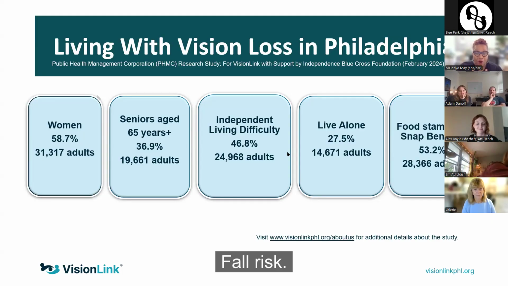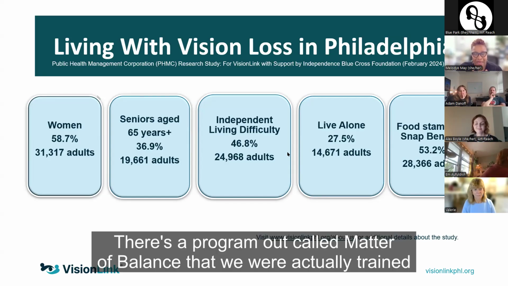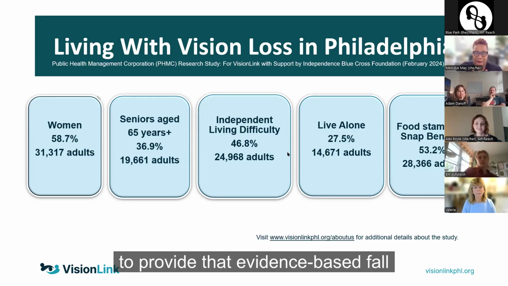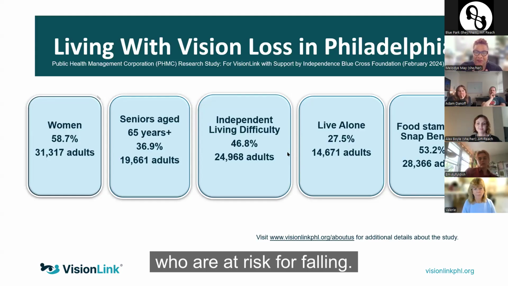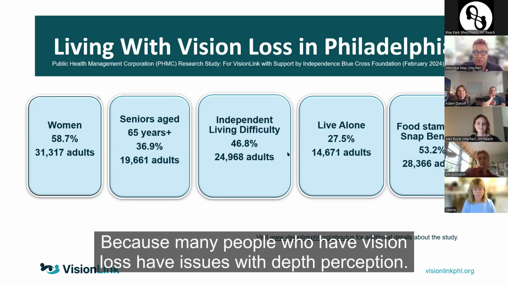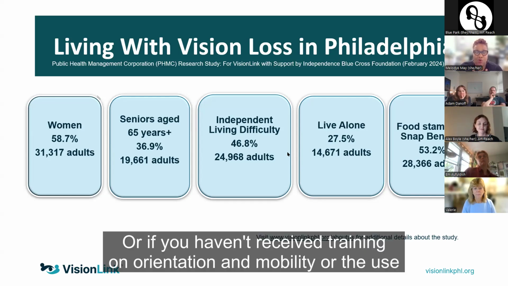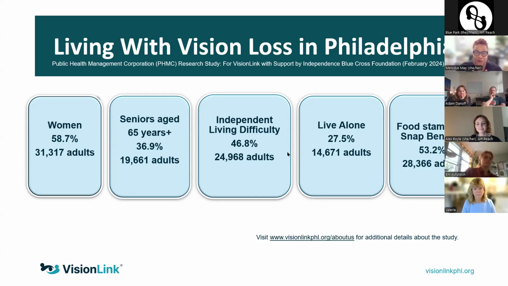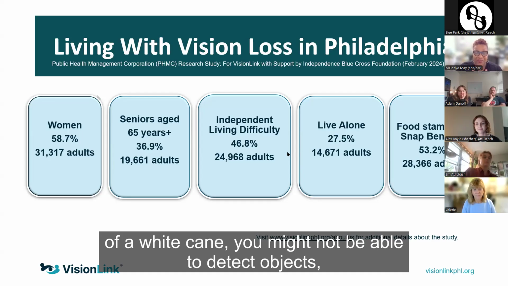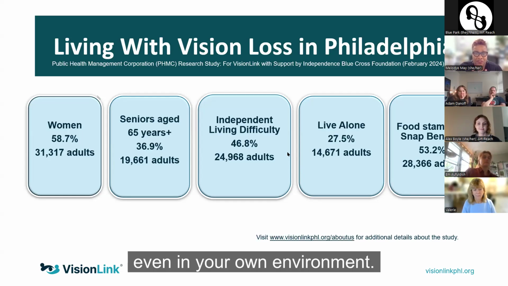Thank you very much. That absolutely is true. Fall risk, and there's a program out called Matter of Balance that we were actually trained to provide, that evidence-based fall prevention program, to individuals who are at risk for falling, because many people who have vision loss have issues with depth perception, or if you haven't received training on orientation and mobility or the use of a white cane, you might not be able to detect objects even in your own environment.